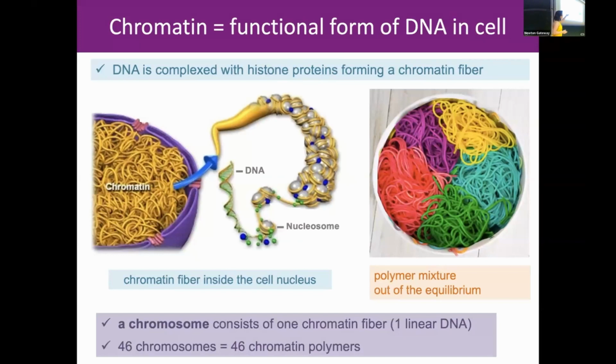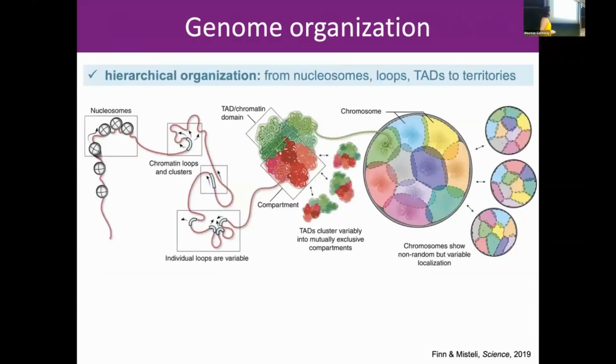So, but the first message that I would like to transmit is that the genome clearly is organized. Indeed, it's organized at hierarchical level across different length scales, and in very particular detail. So we have already discussed the small length scale organization, having the DNA wrapped around the nucleosomes. Then this fiber forms loops.